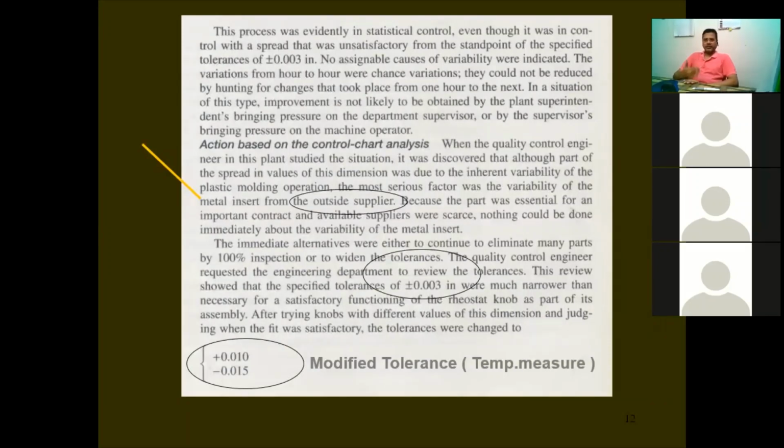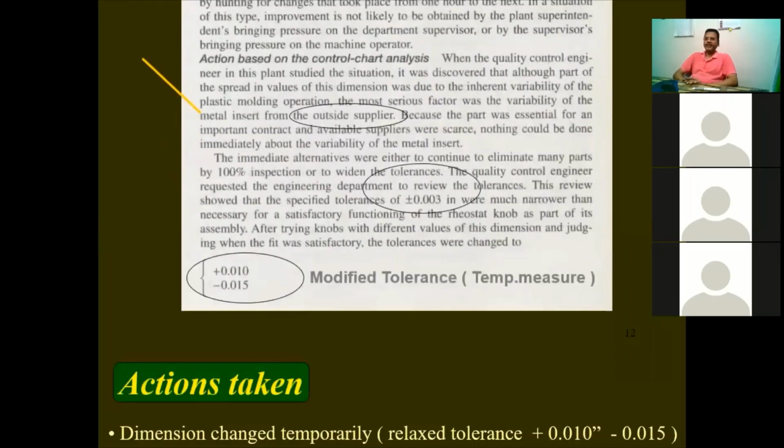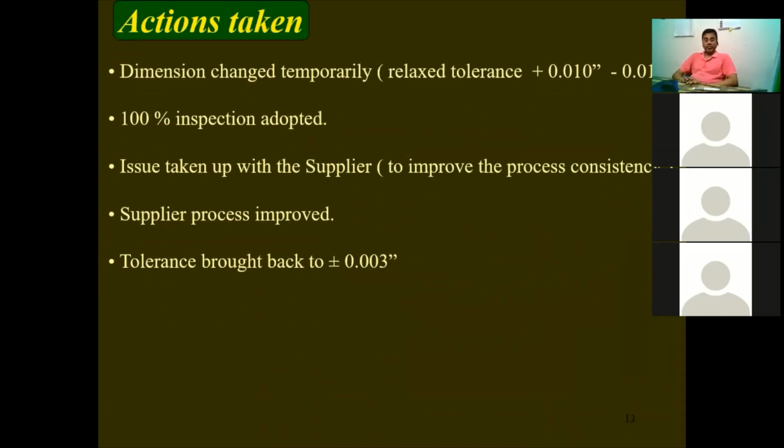Then they started taking up the case with the suppliers. Finally the supplier agreed, yes sir, I could not produce as per the stipulated limit because so and so problems were happening at my end. Finally they brought back the regular tolerance of plus minus 3,000. With the revised tolerance they went for 100% check.